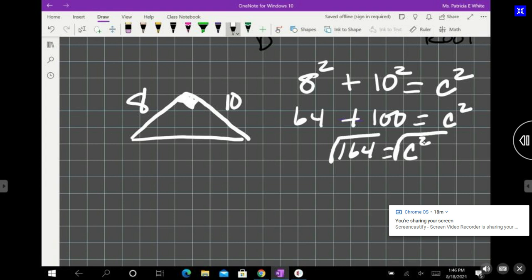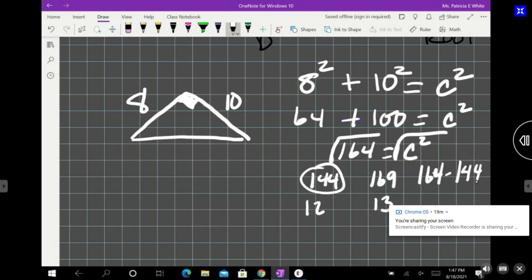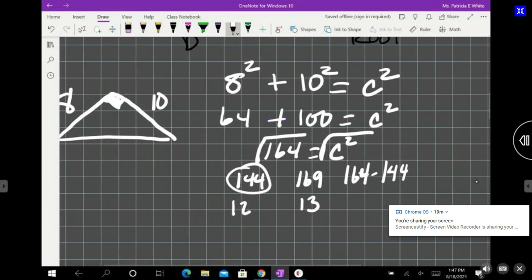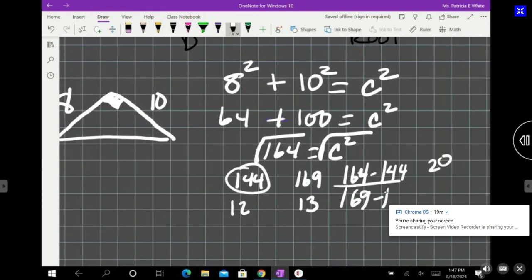Which is 144 and 169, 12 and 13. Okay. 164 minus 144. So minus the smallest square, right? How much is that? And 169 minus 144. 25.